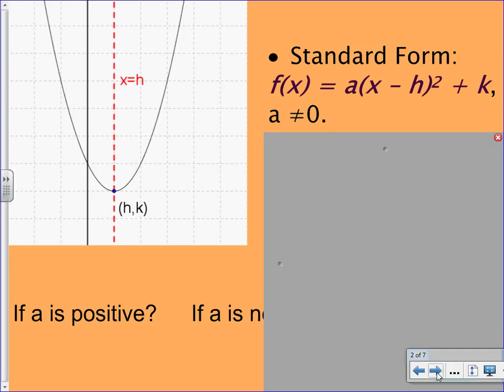Now, if we take a parabola, our parent function x squared, and we shift it right h and up k, then (h, k) is our new vertex, right? If we shift horizontally h and vertically k, that is where our new vertex is, okay? So looking at standard form, we're going to easily be able to pick out our vertex, okay? Because we're just looking at that horizontal shift and vertical shift. Okay, that (0, 0) vertex from our parent function is being shifted h and then k.